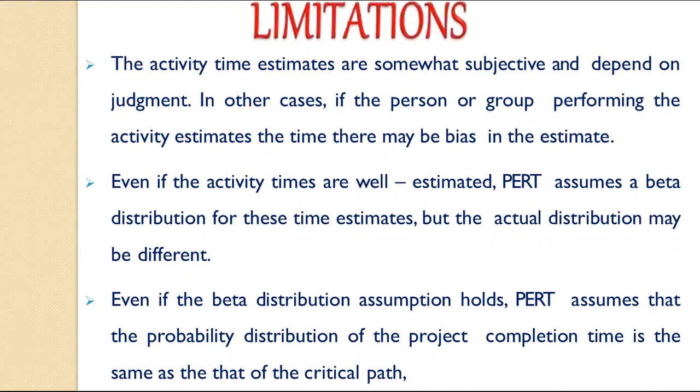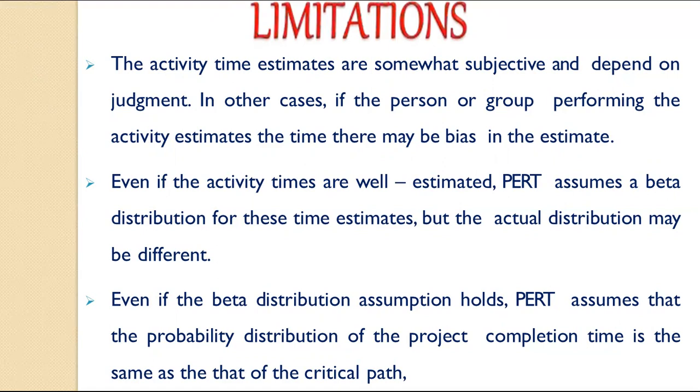Even if the activity times are well estimated, PERT assumes a beta distribution for these time estimates, but the actual distribution may be different. Even if the beta distribution assumptions hold, PERT assumes that the probability distribution of the project completion time is the same as that of the critical path.